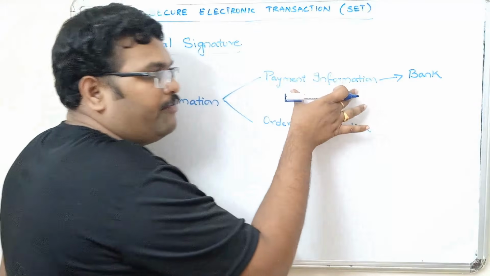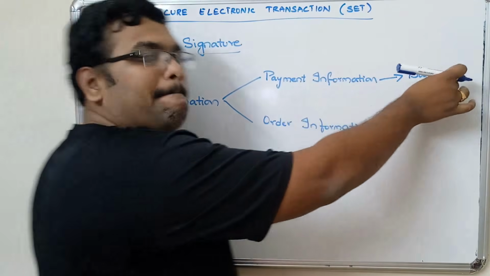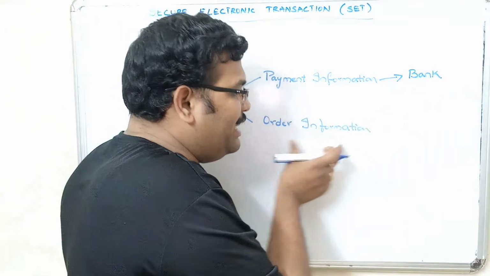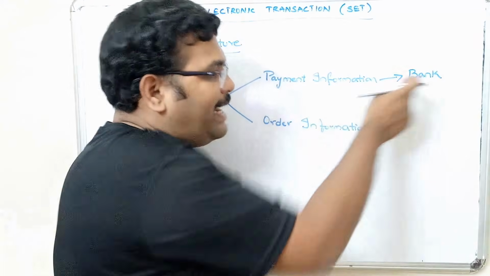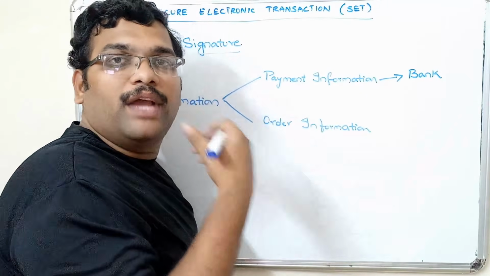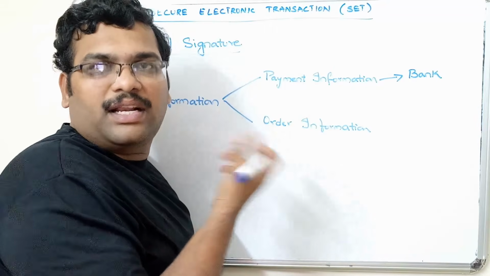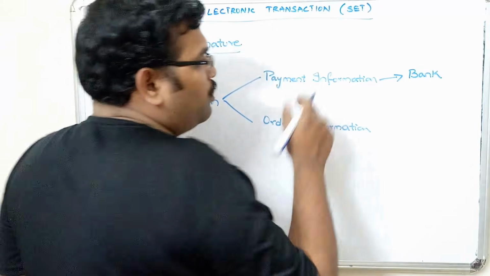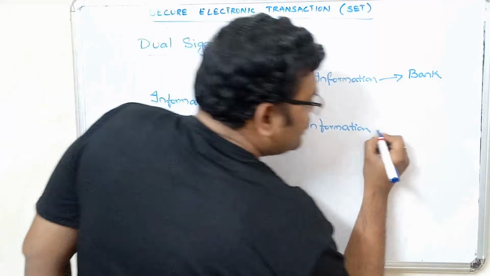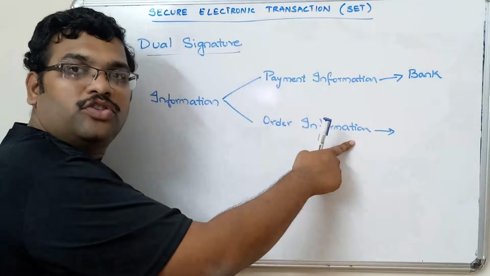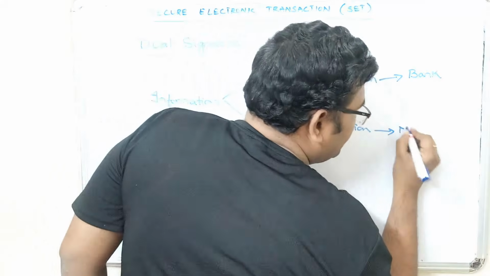Here the payment information should be given to the bank, and the bank doesn't need the order information. The bank doesn't need to know what products the user is buying. So the payment information will be sent to the bank, and the order information should be sent to the merchant.